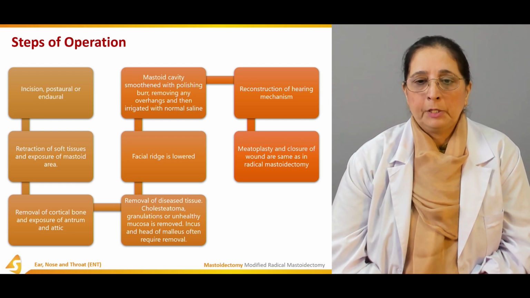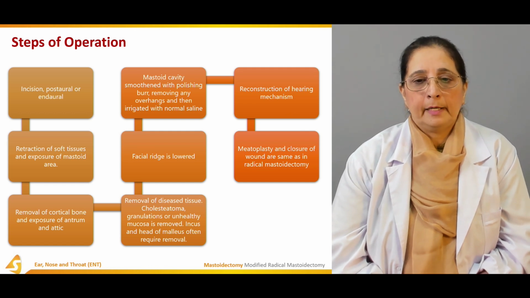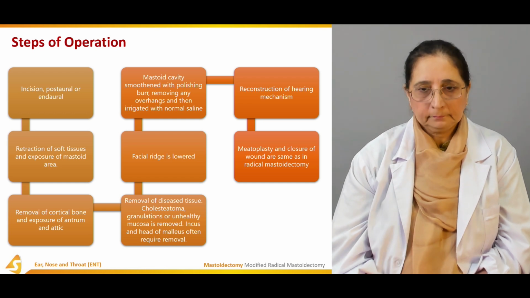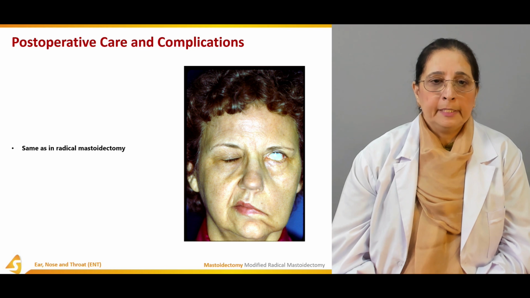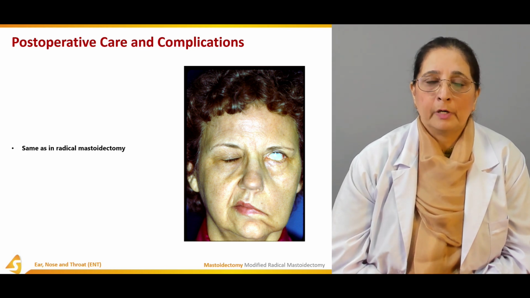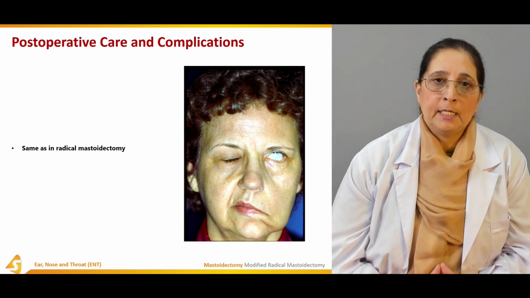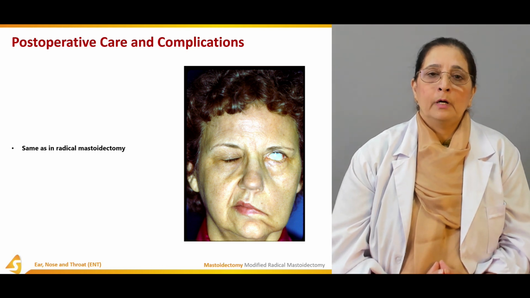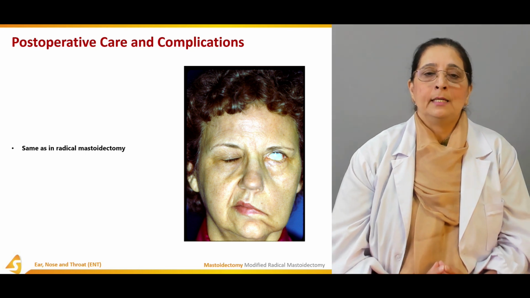Meatoplasty and closure of the wound are the same as in radical mastoidectomy. Post-operative care and complications are also the same as radical mastoidectomy. So the dressing is changed on day 3 and 4, looking for any sign of infection on the dressing.